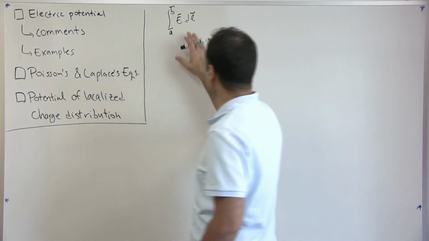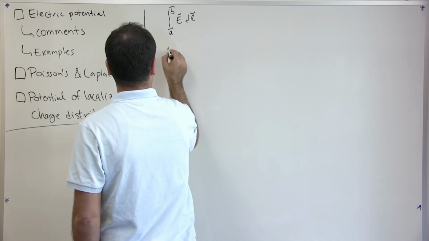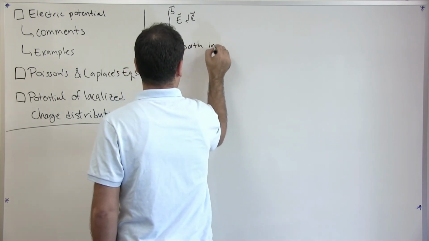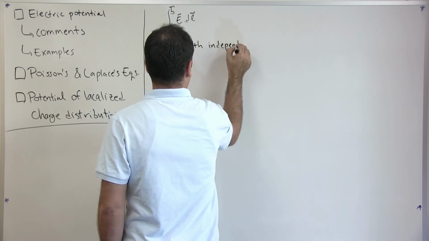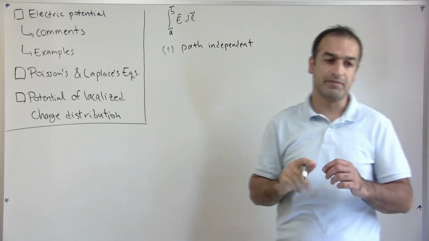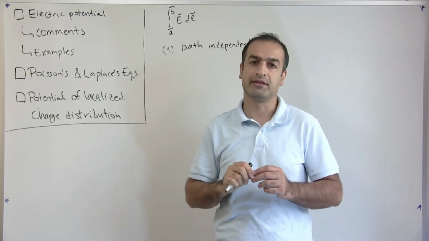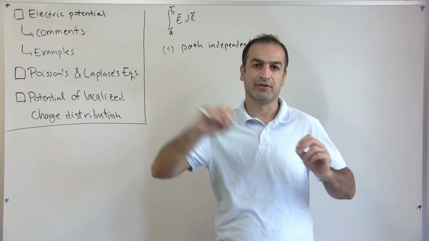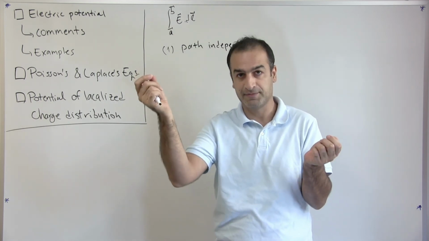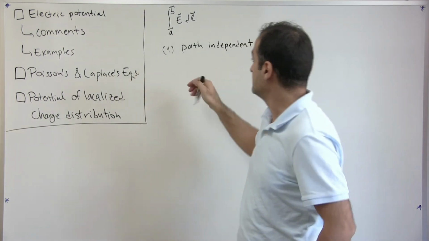The first property was that it was path independent. The value of the integral does not depend on how you go from A to B. It just depends on where the starting point and the end point are. And that is interesting.